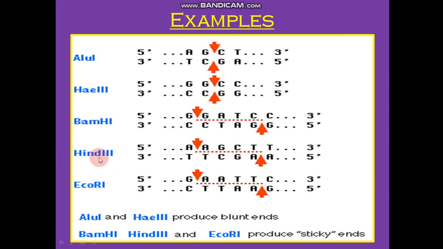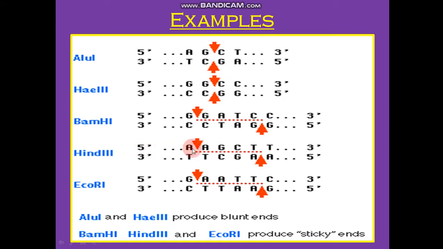Next is HindIII. So HindIII will recognize the sequence AAGCTT. You understand the palindromic sequences? Here it will cut in between A and A, both the adenines, and the cut will be produced.